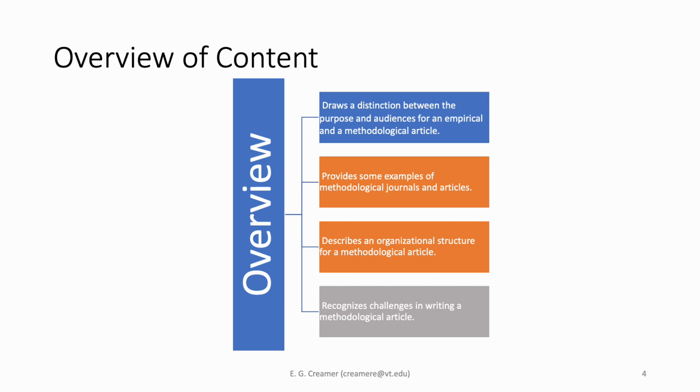Secondly, I want to show you some options for writing methodological articles and list some journals that publish methodological articles. Third, I want to give you some hints about how it affects the organizational structure of an article when its focus is methodological. And finally, I'll recognize some of the challenges in writing a methodological article.